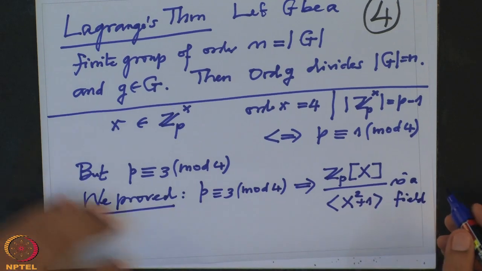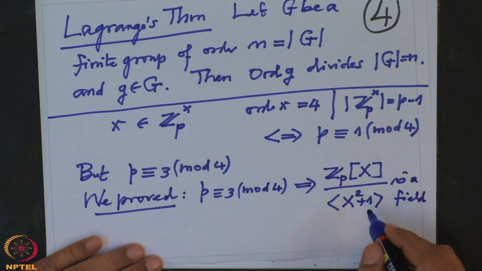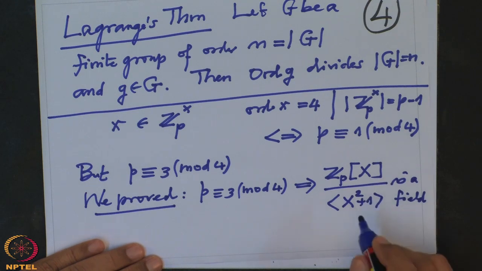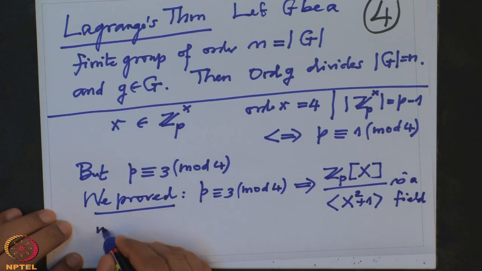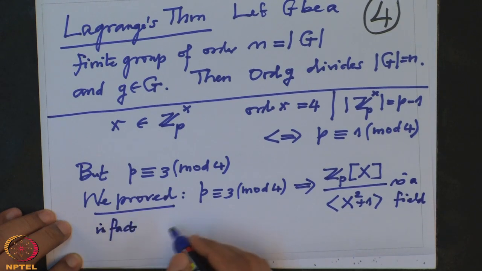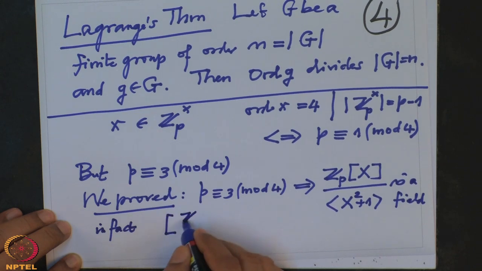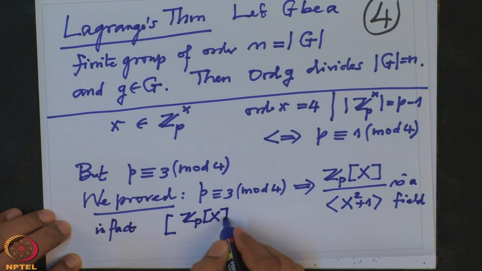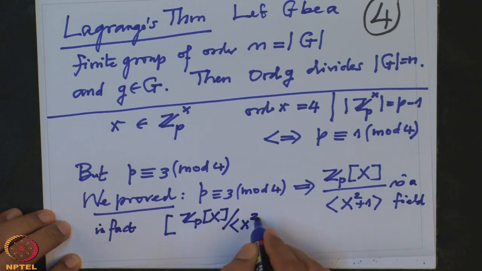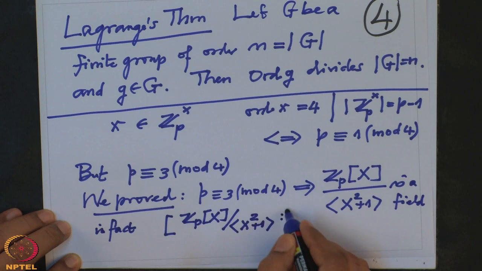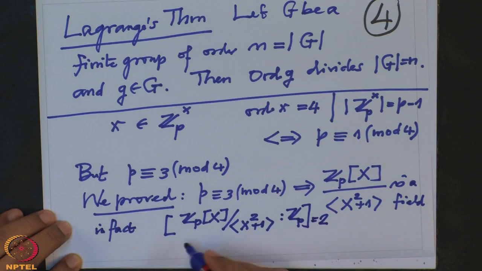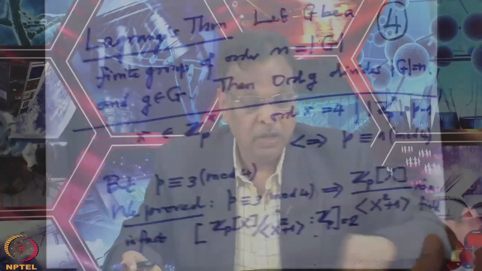It is an extension field of Z mod p, and the degree of the field extension is 2. This is exactly like the real numbers, complex numbers case. Now we want to prove the converse.